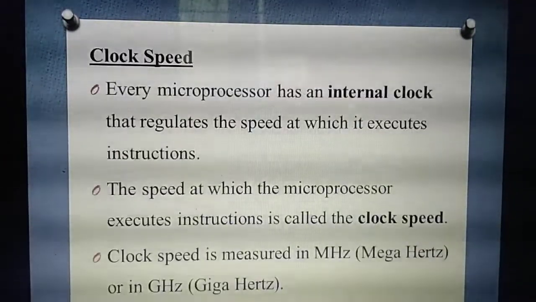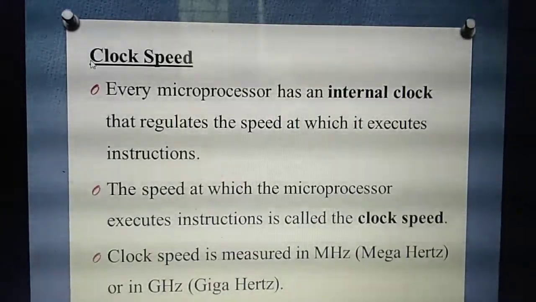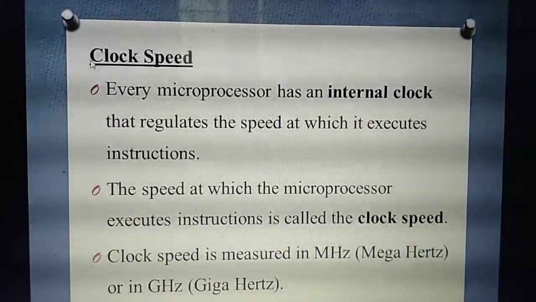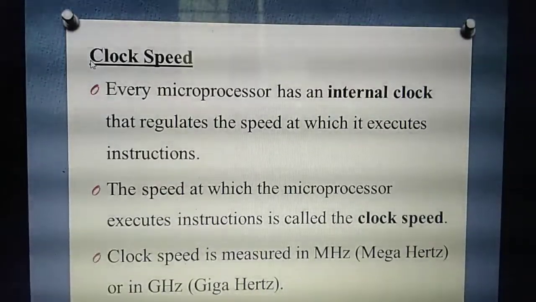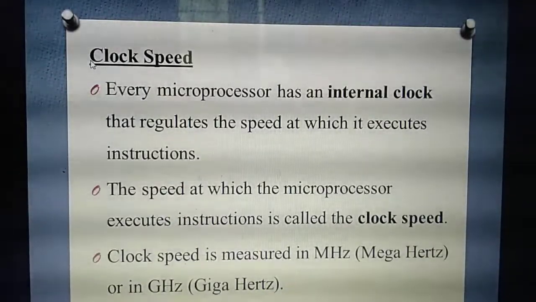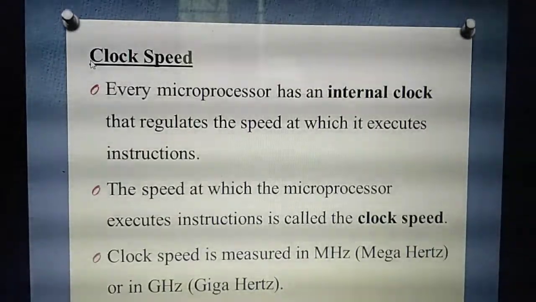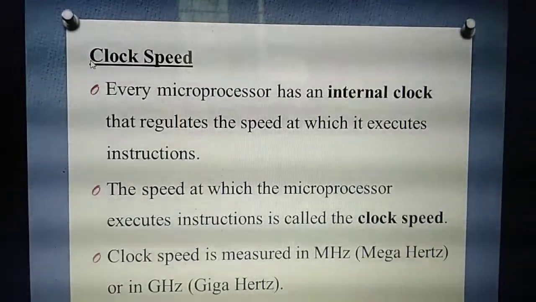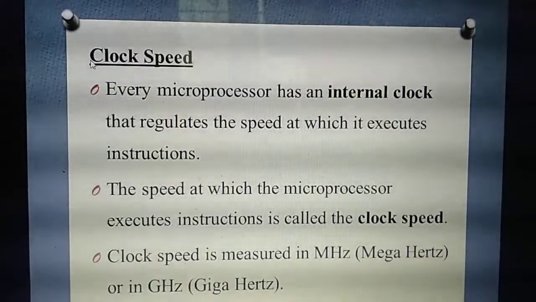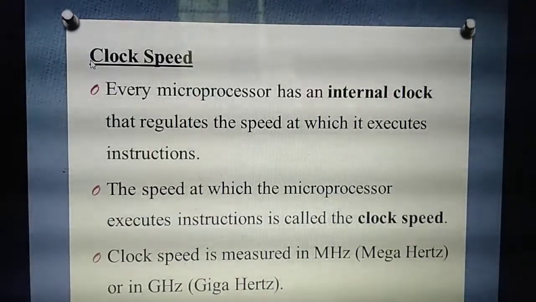Okay. First thing, clock speed. Today we are going to study the first heading, clock speed. So each and every microprocessor has an internal clock. What's the meaning of clock? Normally what's the use of a clock? We will see the time. What's the time now? How much is the duration? Likewise, we are giving some instructions to the processor to execute, isn't it?